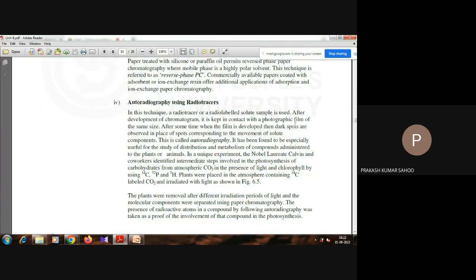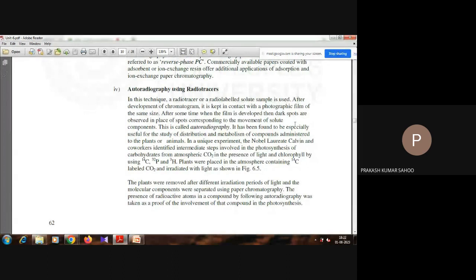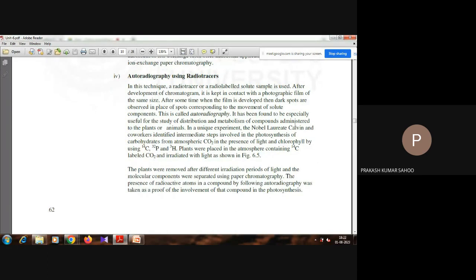Then we have autoradiography using radio tracers. Here radioactive elements are used, where a radio-labeled solute sample is used. After development of the chromatogram, it is kept in contact with a photographic film of the same size.